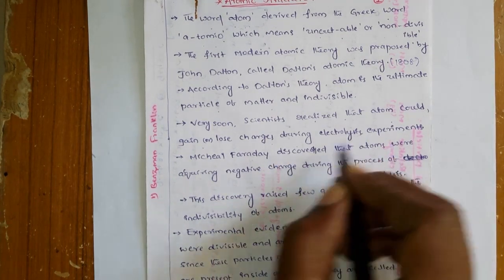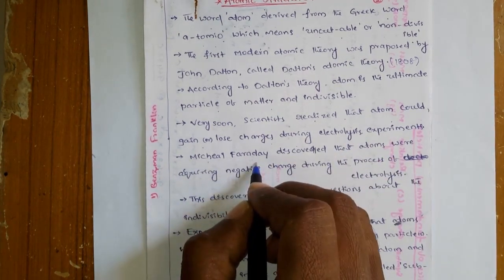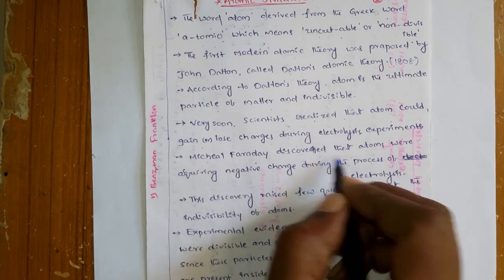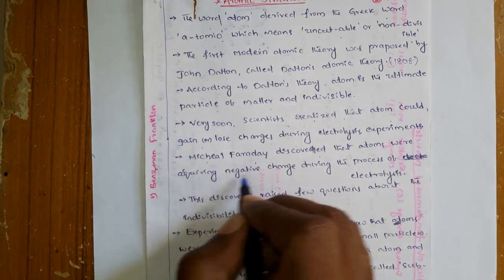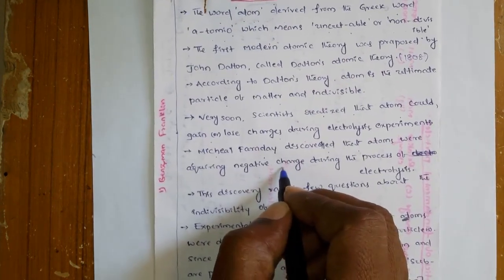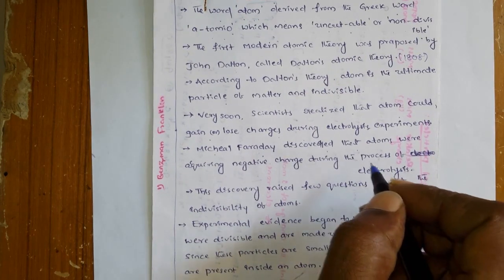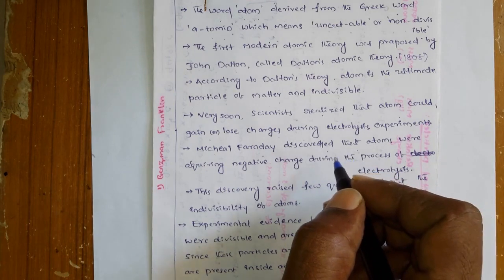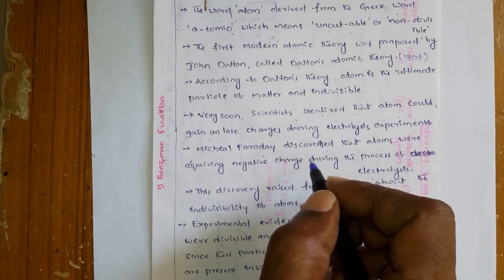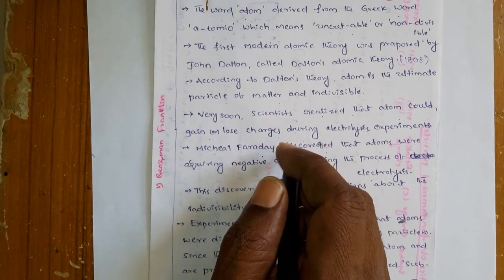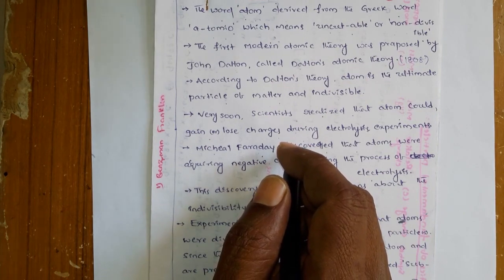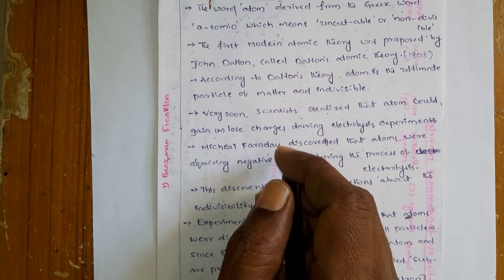Who identified that? Michael Faraday. Michael Faraday discovered that atoms were acquiring some negative charge during the process of electrolysis, and again they were also losing some charge during electrolysis.